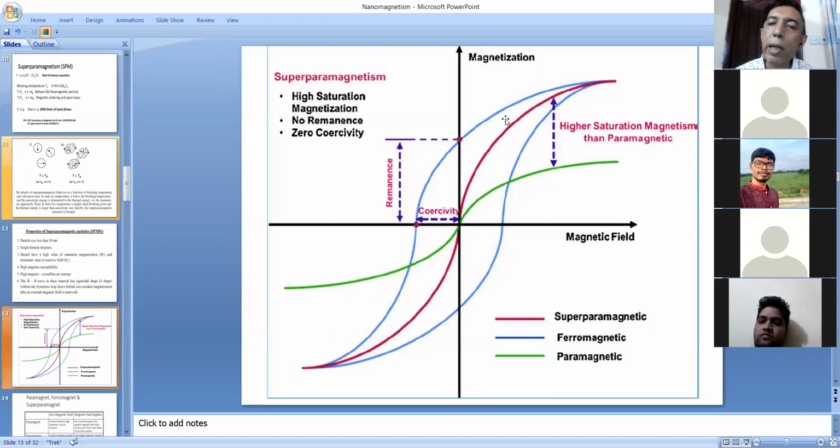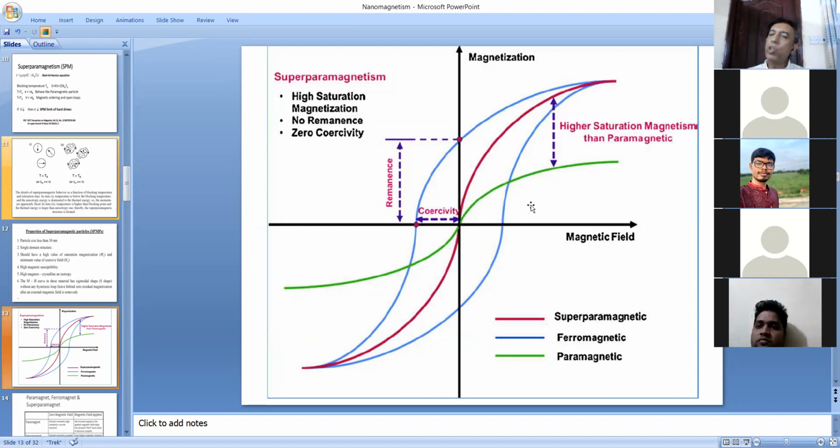That means in the presence of a magnetic field, this superparamagnetic substance will show high magnetization, but any paramagnetic substance does not show that much magnetization.